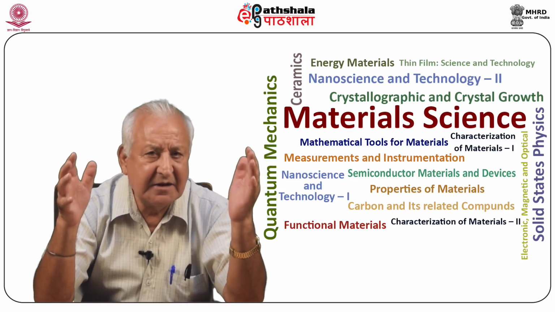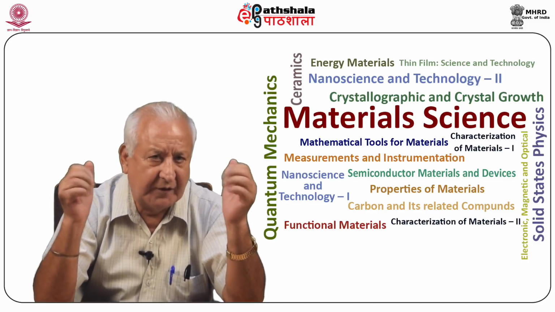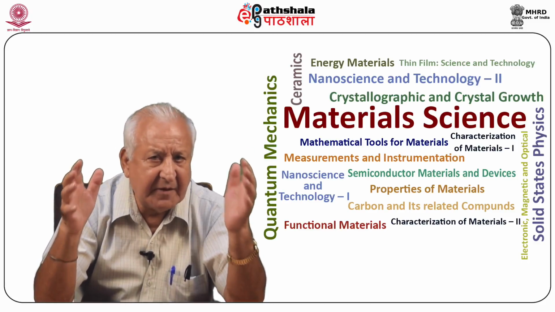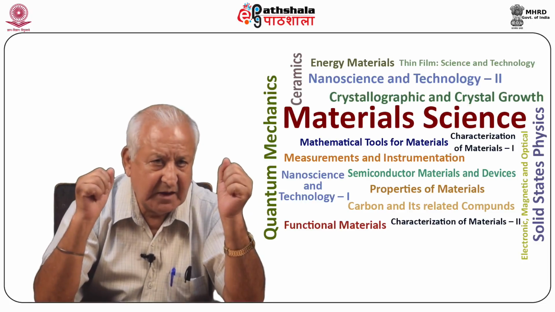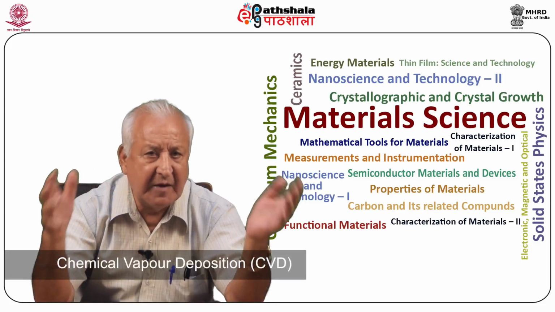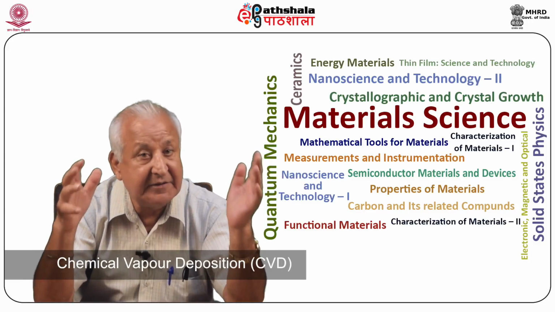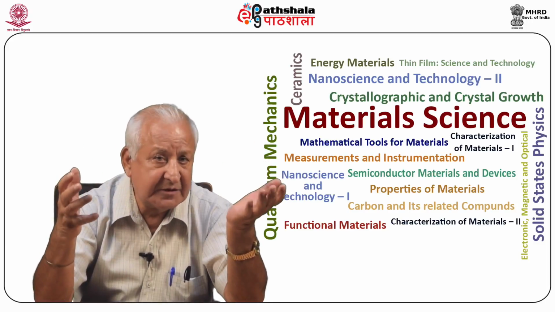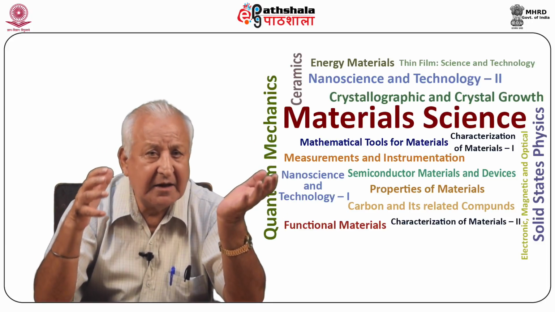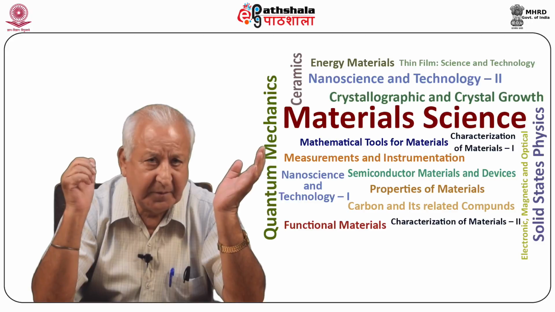Let us now summarize what we have discussed so far. Systems in vapor phase growth under physical vapor deposition process and those under chemical vapor deposition, abbreviated as CVD process, along with some examples, are classified and this summary is given.